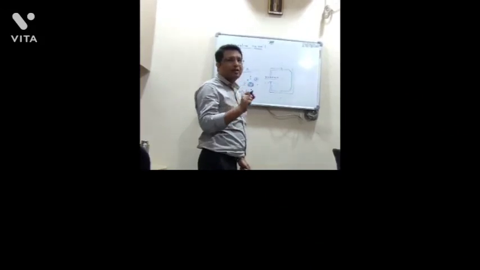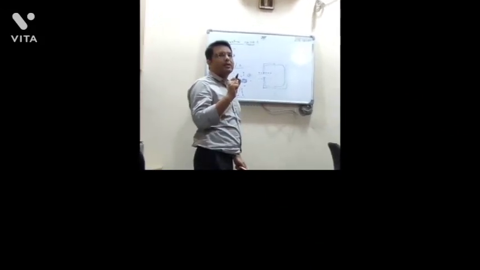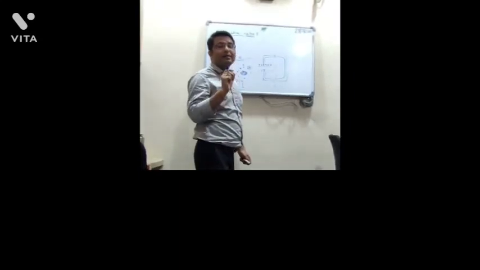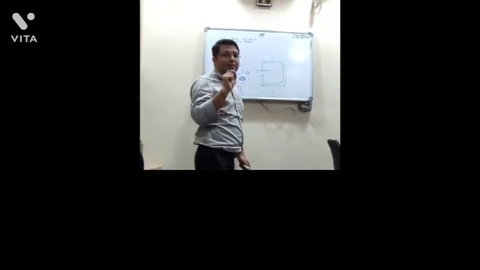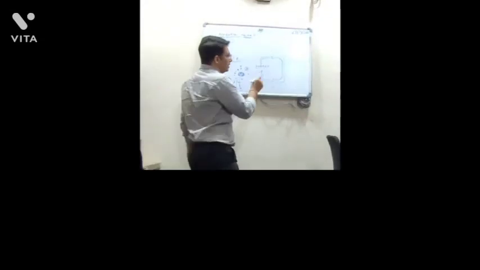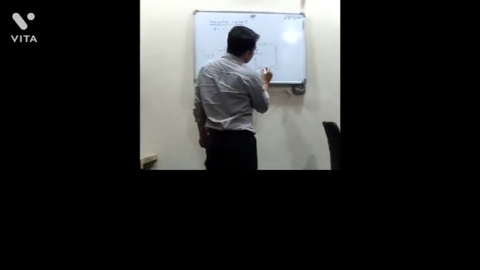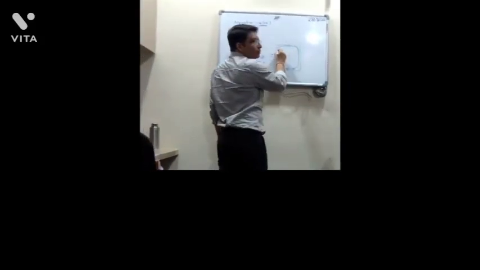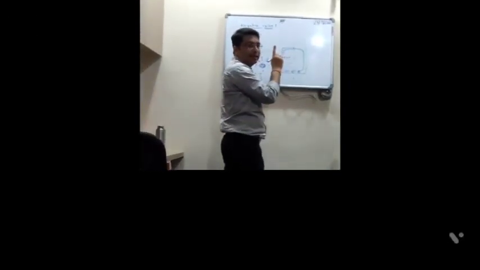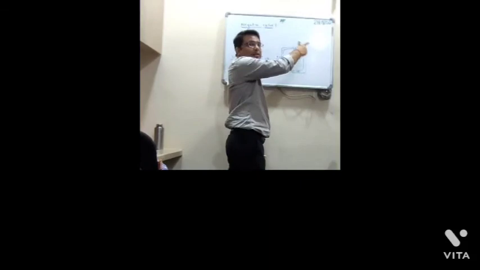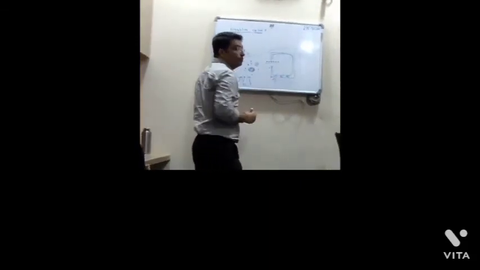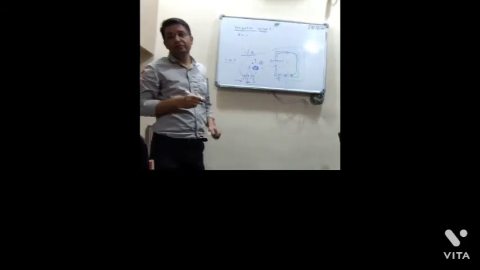The direction of the flow is opposite to the direction of flow of electron. This is the right definition. So if electron moves from negative to positive, then current flows from positive to negative.